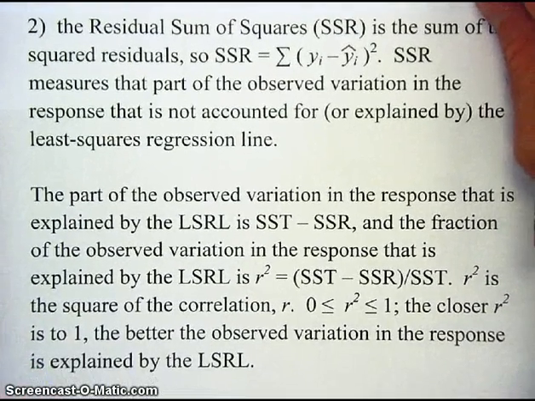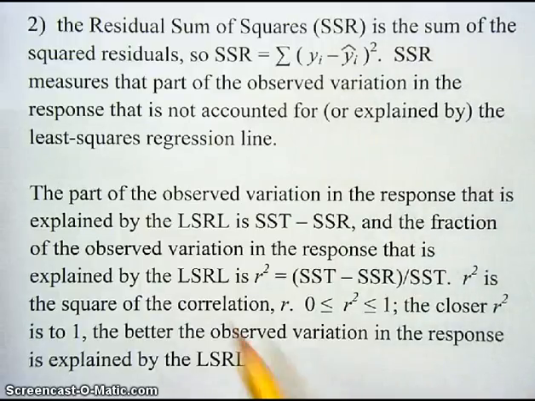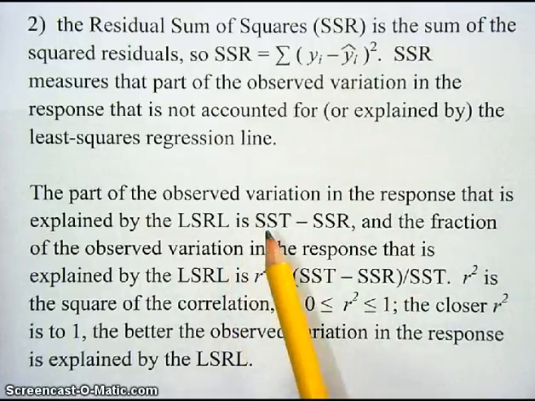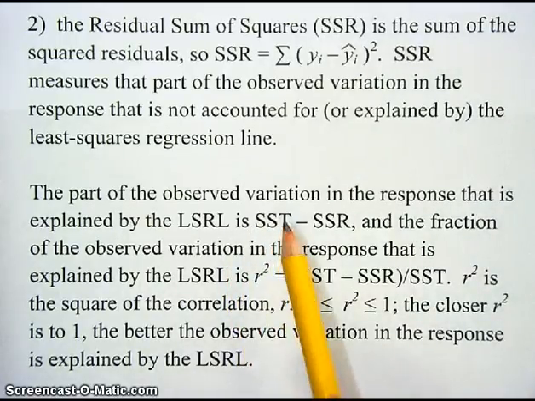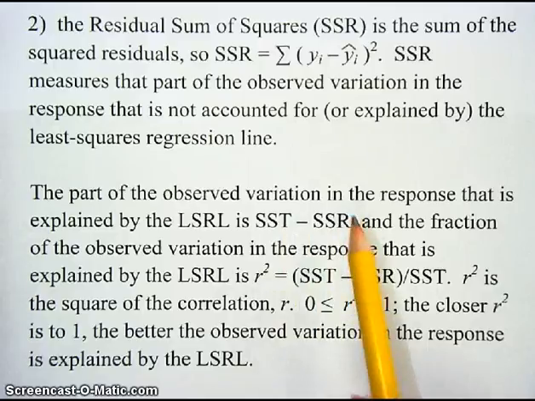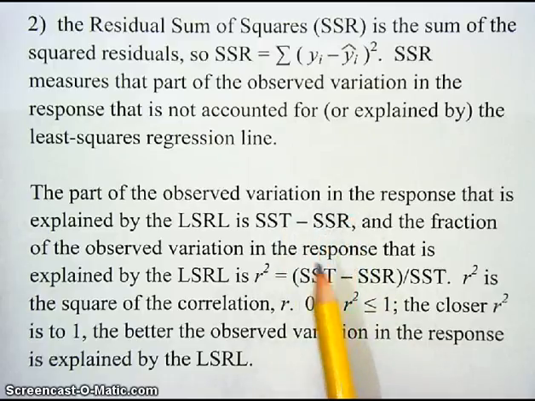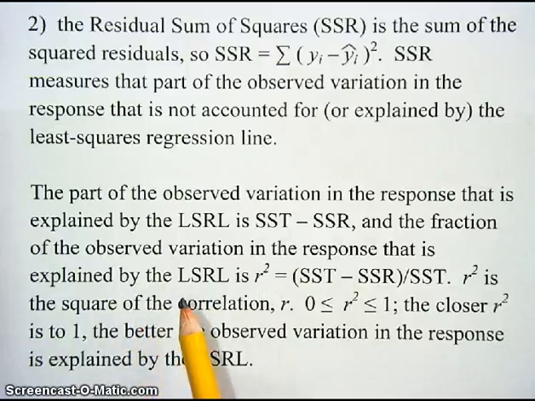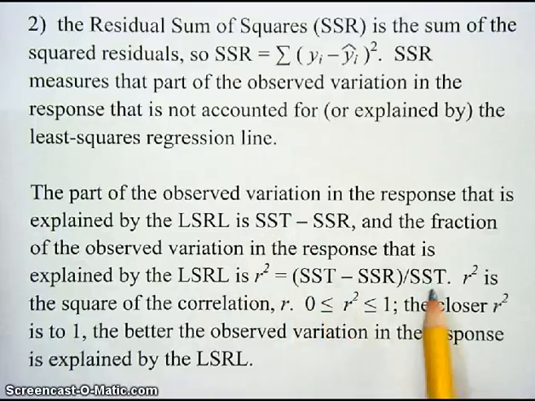The part of the observed variation in the response that is explained by the least squares regression line is just the difference between the total sum of squares and the residual sum of squares. And the fraction of the observed variation in the response that is explained by the least squares regression line is going to be that quantity divided by the total sum of squares. And that's what R squared is.